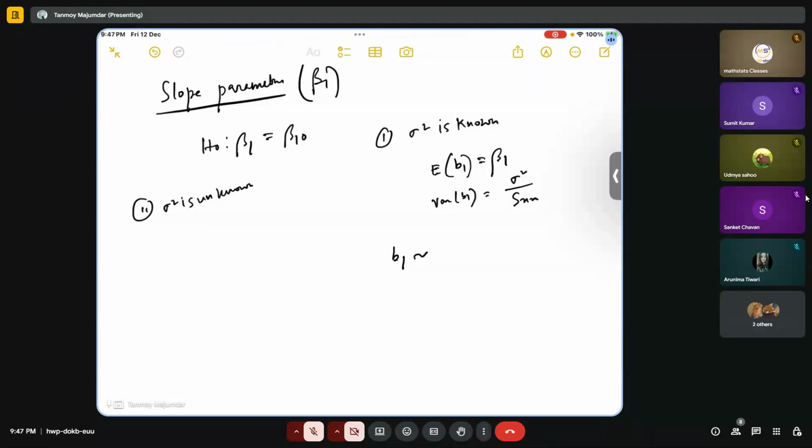So b1 should obviously follow a normal distribution because yi follows a normal distribution, as we saw just a while ago. So that's why we can also write that b1 follows a normal distribution, with its expected value, its mean, and the variance term sigma square by sxx. So b1 follows this normal distribution.